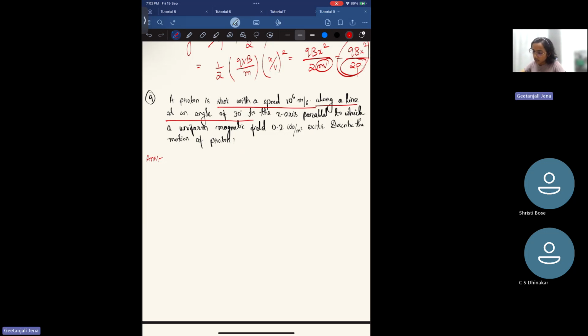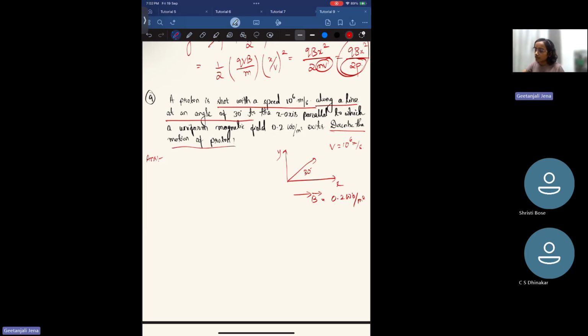So it is projected at 30 degrees to the x-axis, and v is given as 10 to the 6 meter per second, parallel to which a uniform magnetic field is present. So B is along this direction, it is 0.2 Weber per meter square. Describe the motion of the proton.